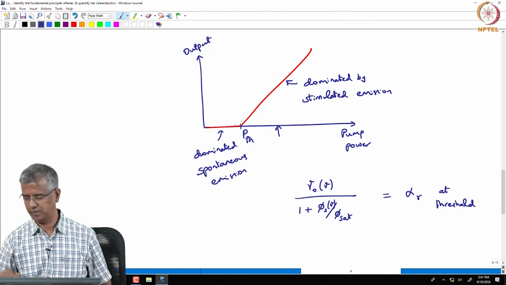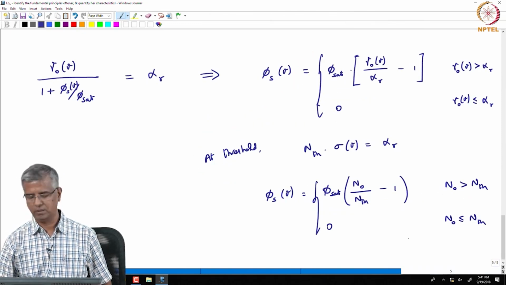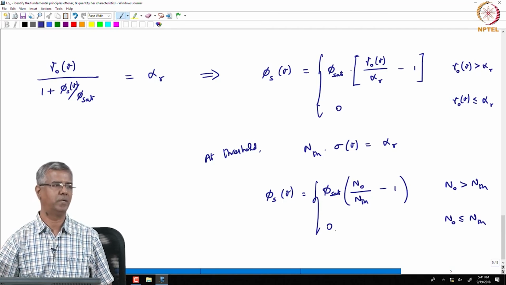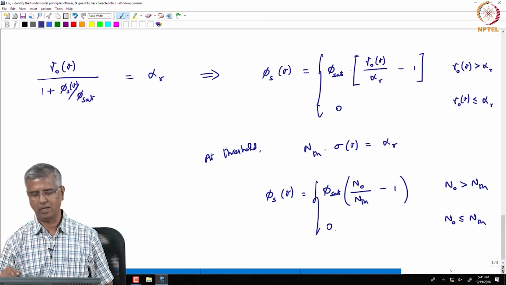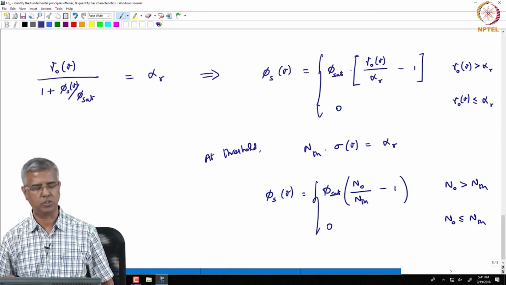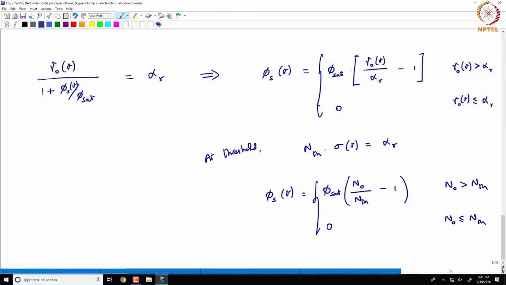Below that threshold I am saying 0, but technically there are still some spontaneously emitted photons, amplified spontaneously emitted photons and all of that, but there is a sudden change when you go beyond that threshold inversion. Okay. So, we are out of time.